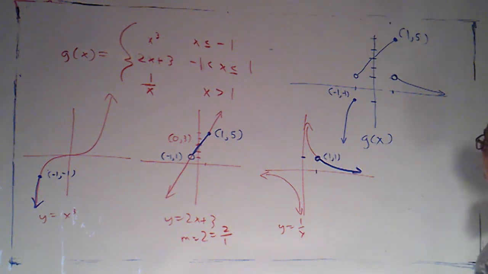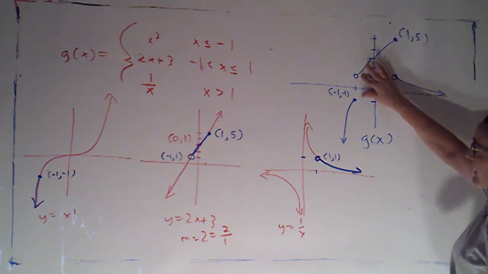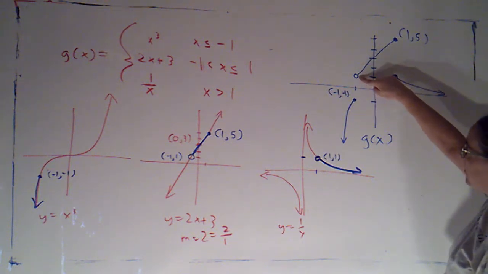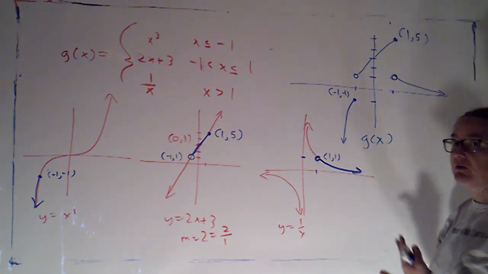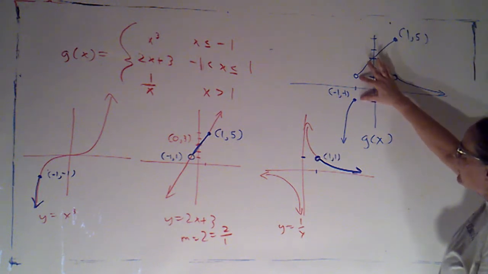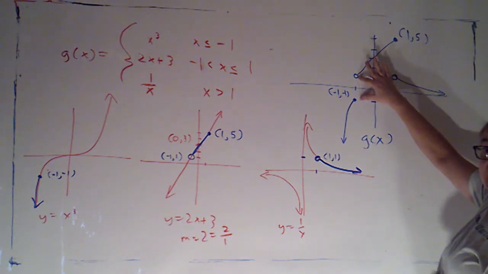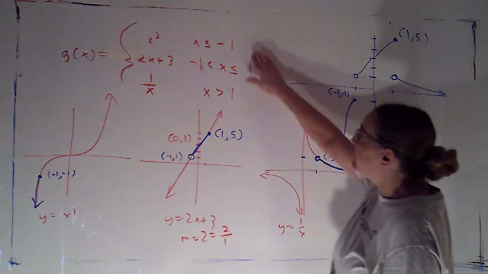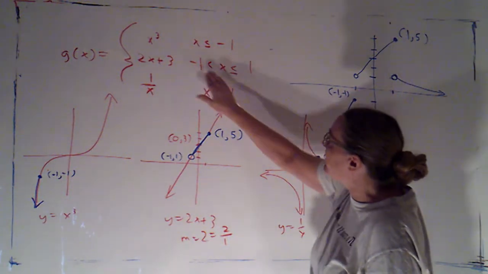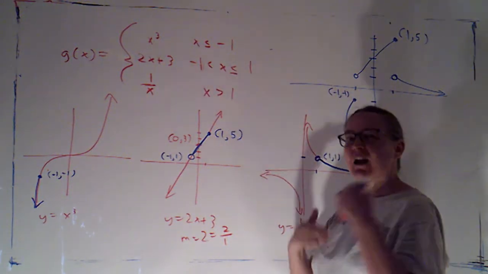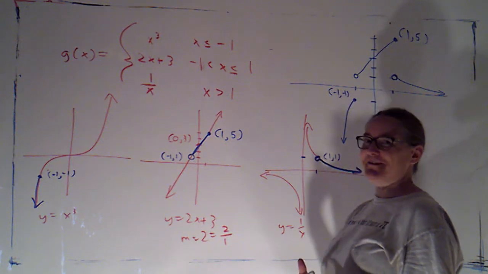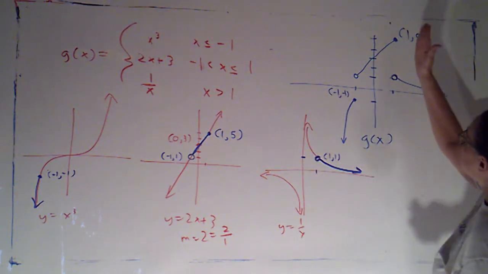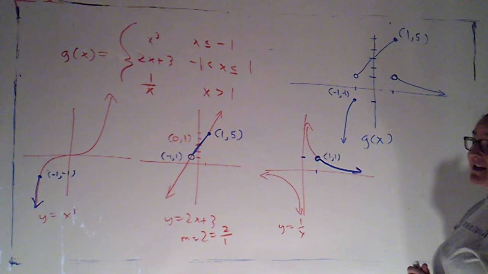Notice it's very important that when we jump, it's okay to jump from a point to a hole, and it would be okay to jump from a hole to a point. I can't, though, have 2 points at the same x value. So at each of these values where we change rules, I'm only using one of the rules. That way we pass the vertical line test.